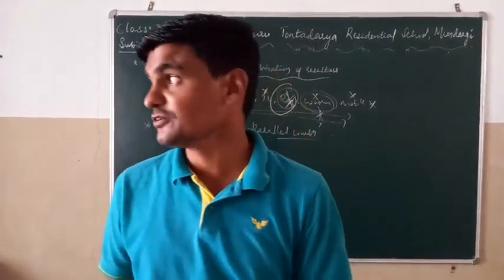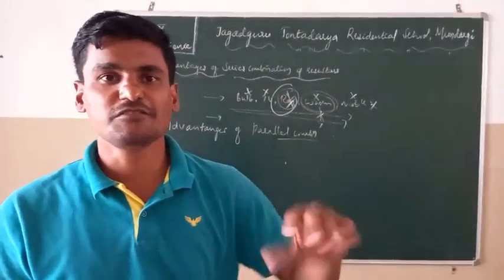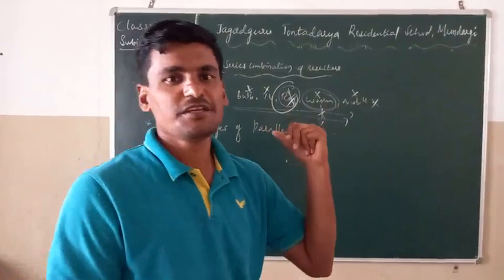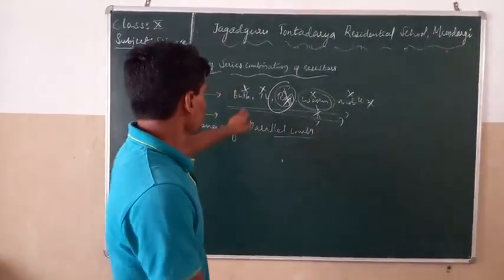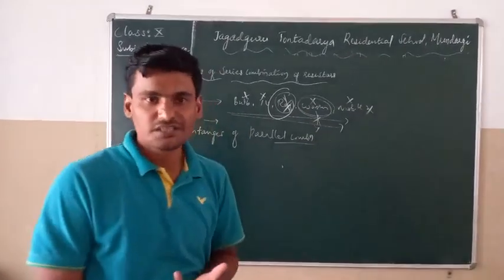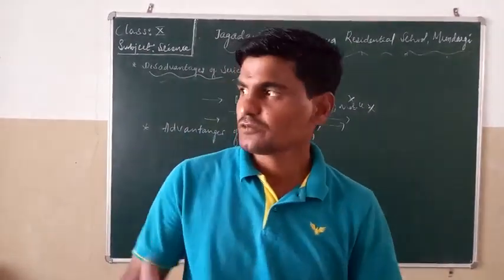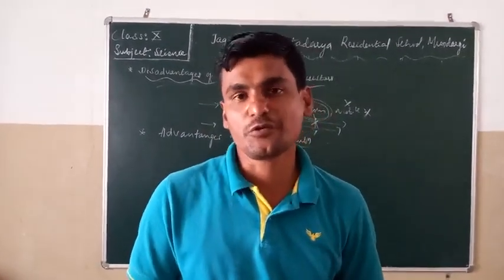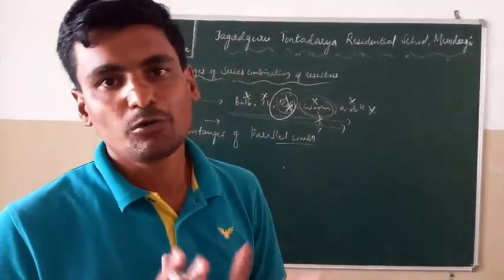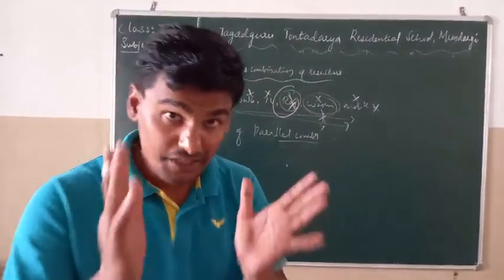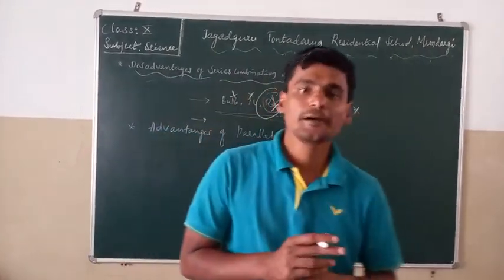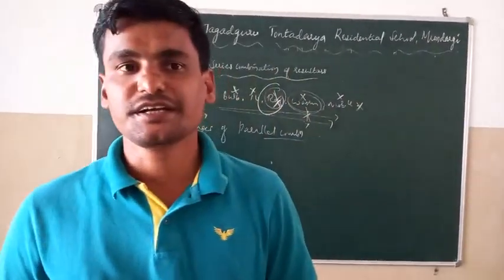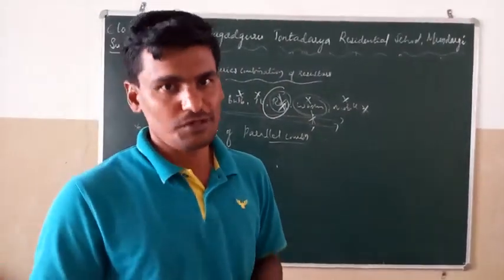I already explained that the potential difference across each branch is always equal to the applied potential difference. As they are connected in parallel combinations, they get whatever amount of current is required for their proper working. This is the main thing. Most of us prefer parallel combinations rather than series combinations.